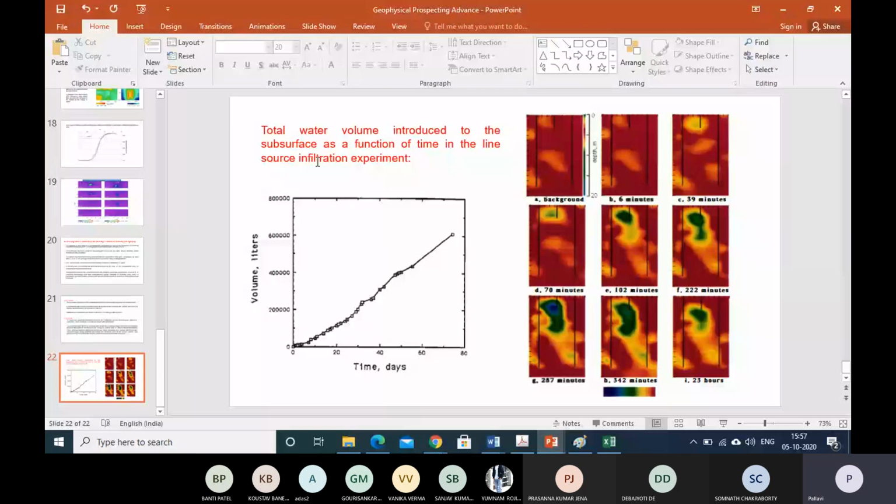Most of his experiments are based on water chemical analysis, hydrochemical analysis, as well as geophysics. He is basically a hydrogeologist, his background is geology, but he uses lots of geophysical instruments for his experiments.